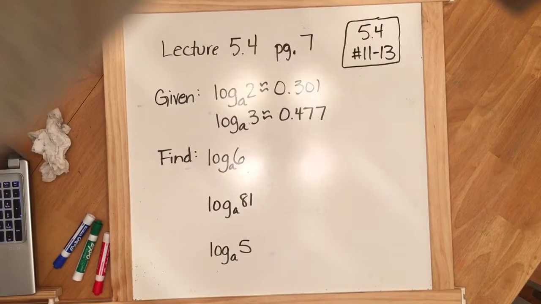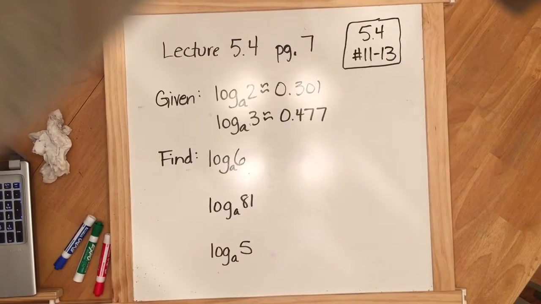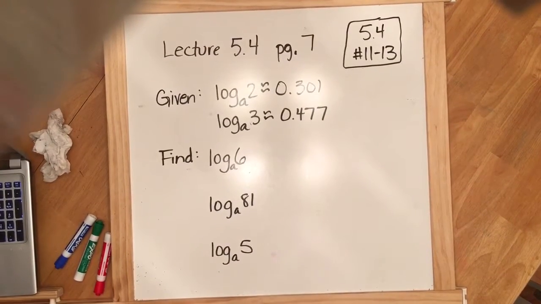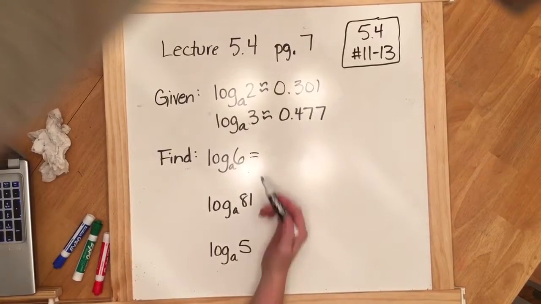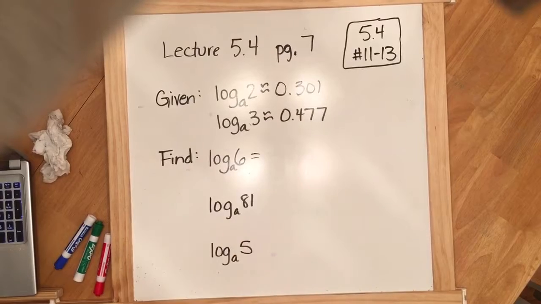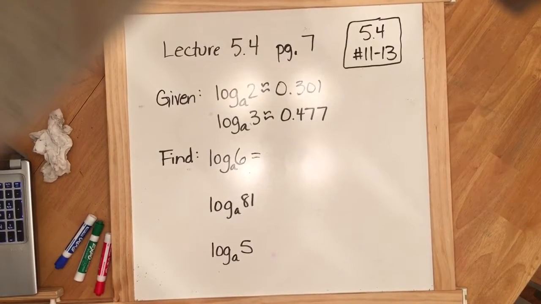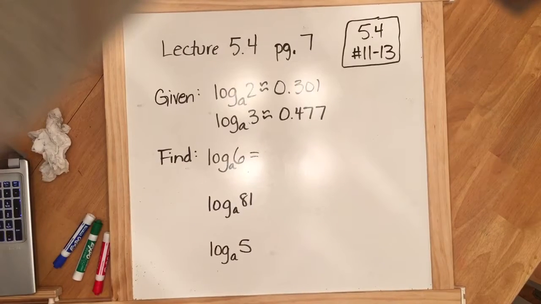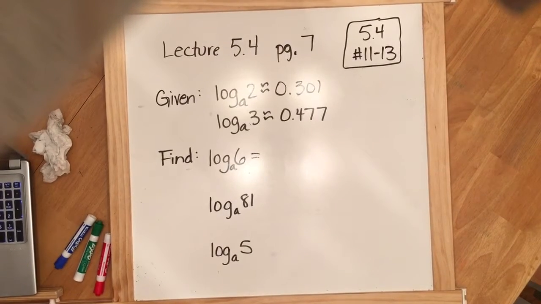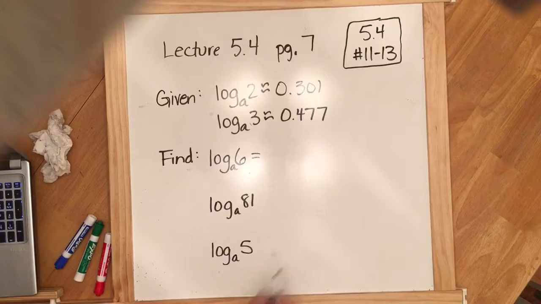So what we need to be able to do here is, for instance, with this logarithm, we want to be able to write 6 as a combination of those values, as either a product, a quotient, or a power, so we can use our exponential properties.